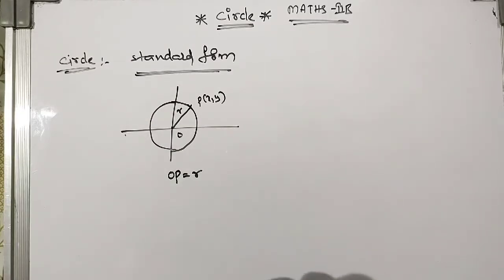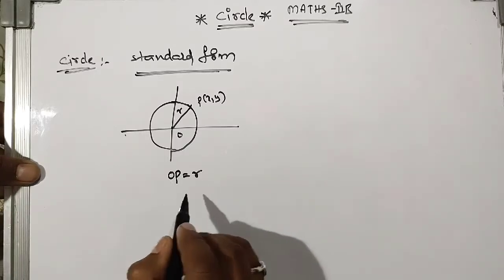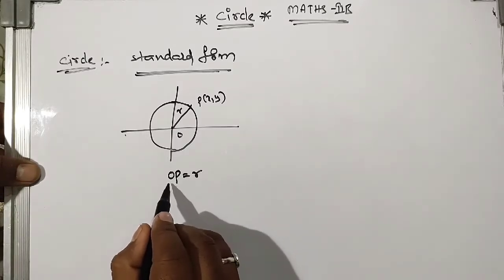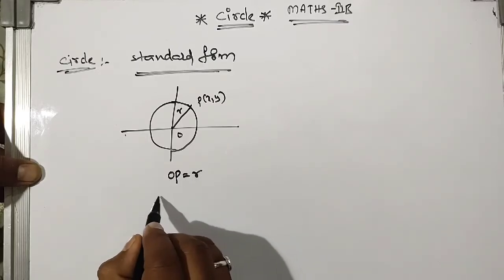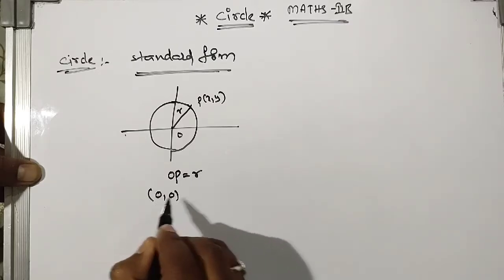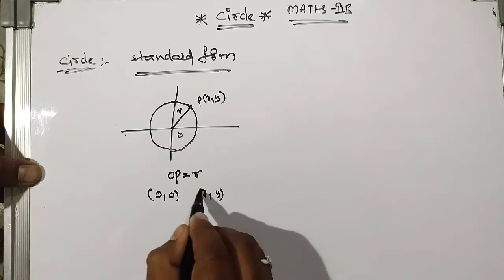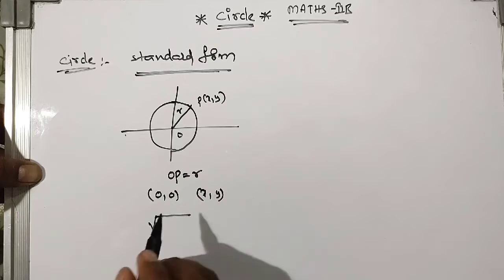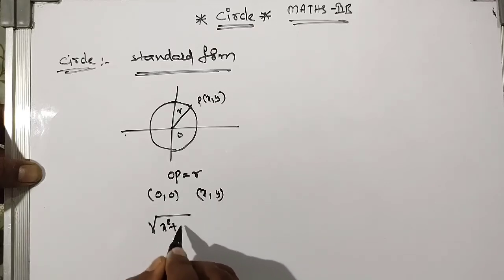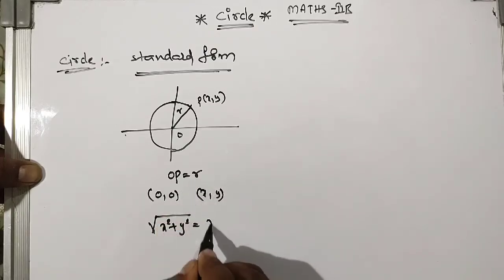Now apply the distance formula on OP. O is 0 comma 0 and P is x comma y. So the distance from the origin to any point is given by the root of x square plus y square, equal to R.